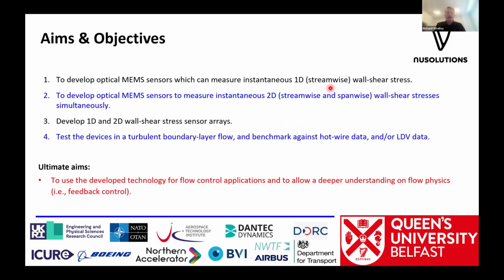Stress ultimately has multiple components. And so because we know we've got these vortices rotating around, can we do the streamwise direction, but also the spanwise direction as well? And if we can do that, can we then develop arrays where we can then have sensors mapped out over a surface? And so we can track the turbulence moving over aerodynamic surfaces.